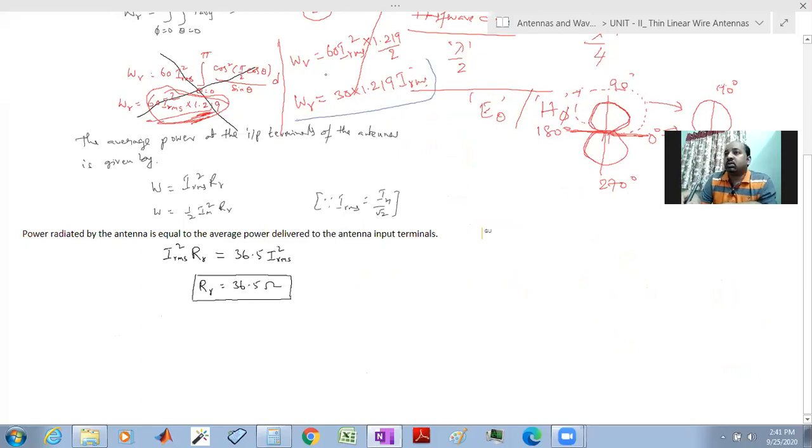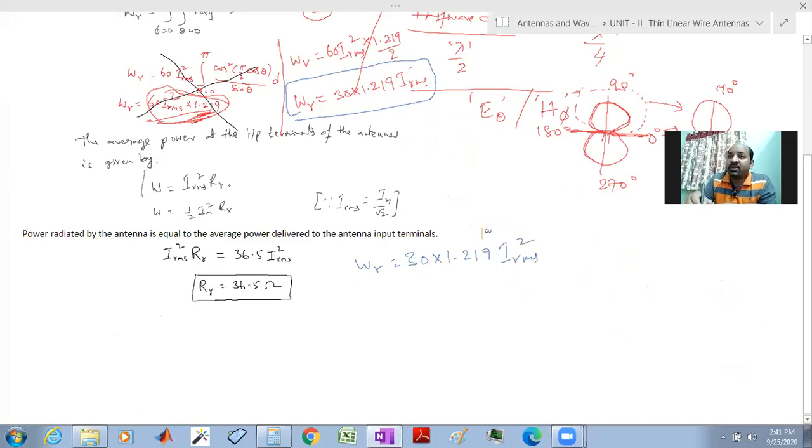Let me write here: WR is equal to 30 into 1.219 IRMS square. So this is the power radiated.